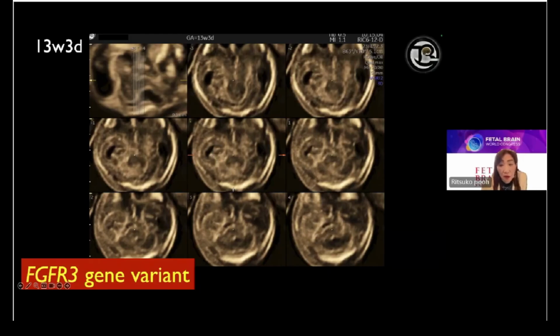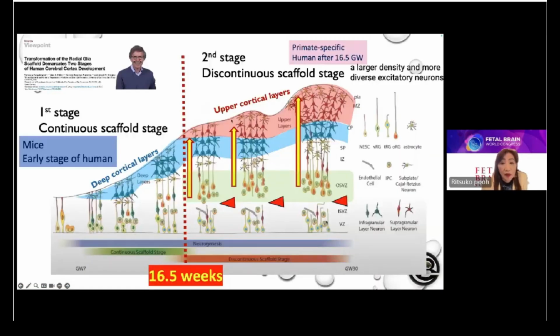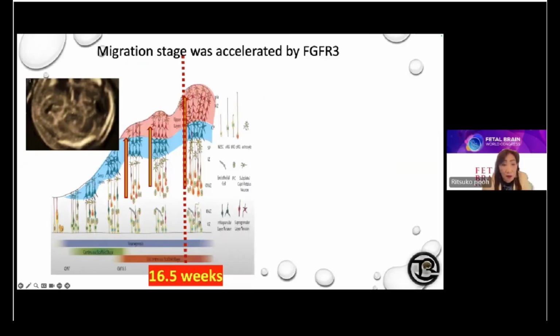The overgrowth occurred before 16.5 weeks of gestation. Normally, before 16 weeks of gestation, only deep cortical layers can be created. However, most probably the migration stage was accelerated by FGFR3.